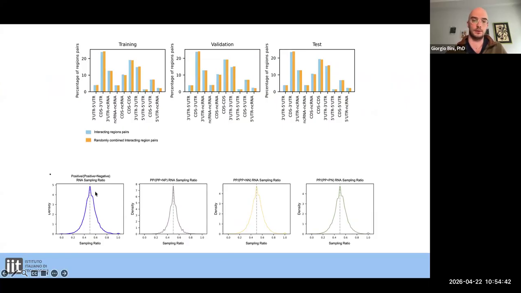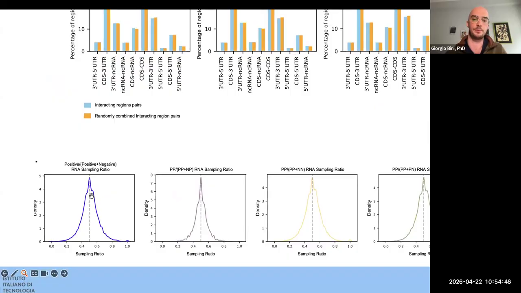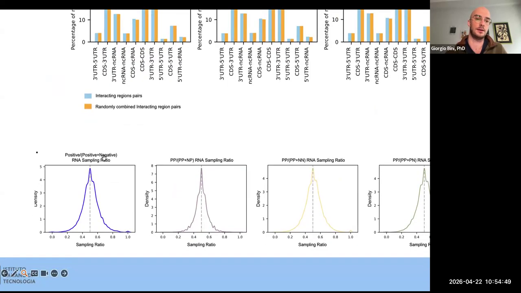And this is also related to other problems. Here, for instance, in this density distribution, I show that if we pick randomly one RNA, what is the probability that it appears in the positive or in the negative set?